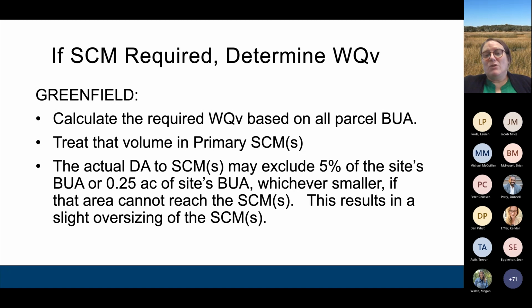So we're going to say you can exclude up to 5% of the site's BUA, that the actual drainage area to the SCM could exclude 5% of the site's BUA, or a max of a quarter acre if those areas can't reach the SCMs. And so that will, because you'll size the water quality volume for all of that, result in a slight oversizing of the SCMs. But anyway, you can let us know if you have questions on that.